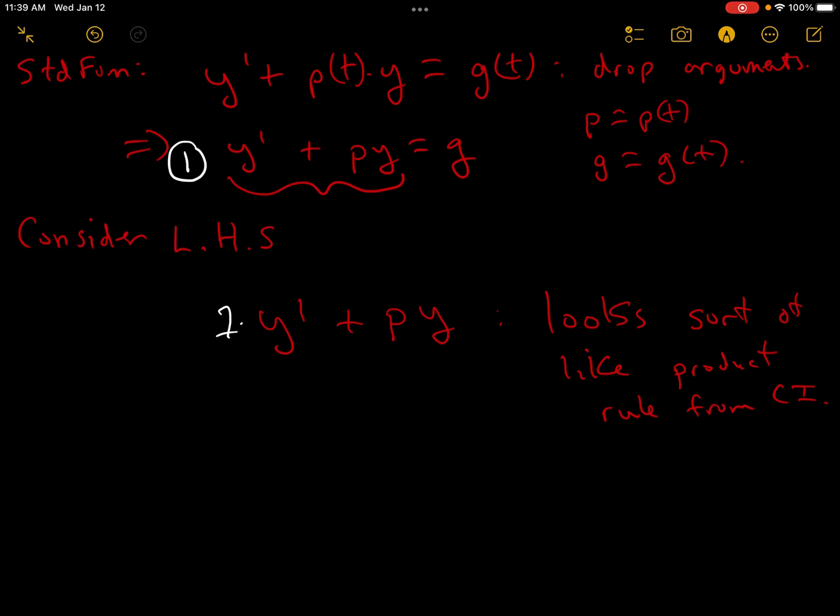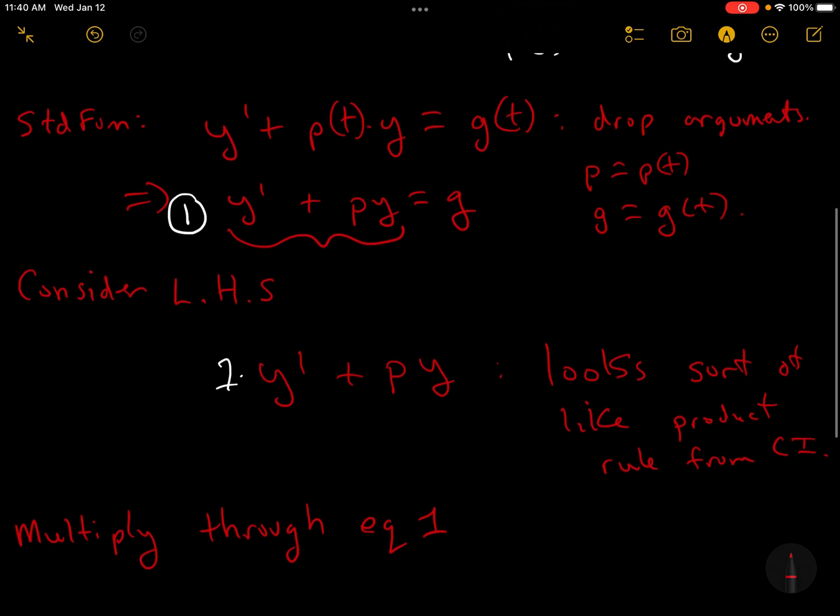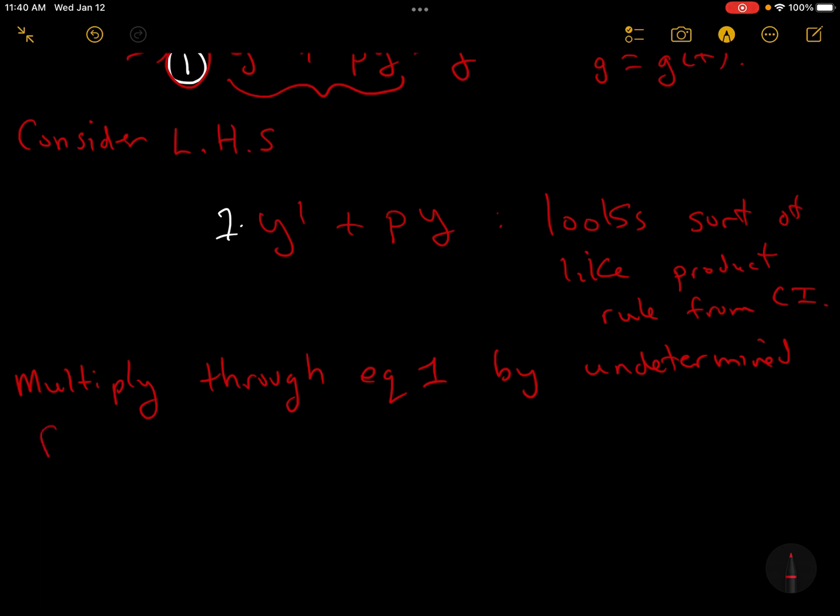So here's what Leibniz did after much thought. We're going to multiply through equation 1 up here by an undetermined function mu of t.